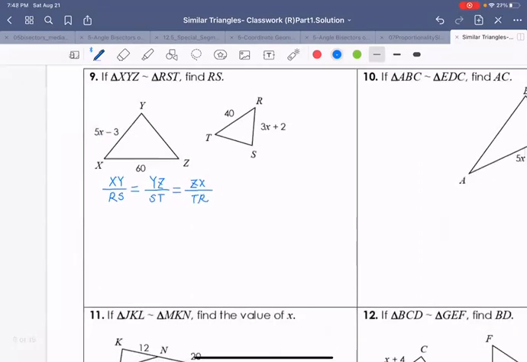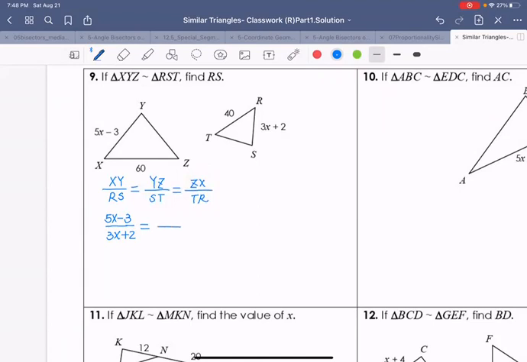Go ahead. XY is 5x minus 3 over RS, which is 3x plus 2, equals... well, we don't know what YZ is, so we can skip this and just jump to here.